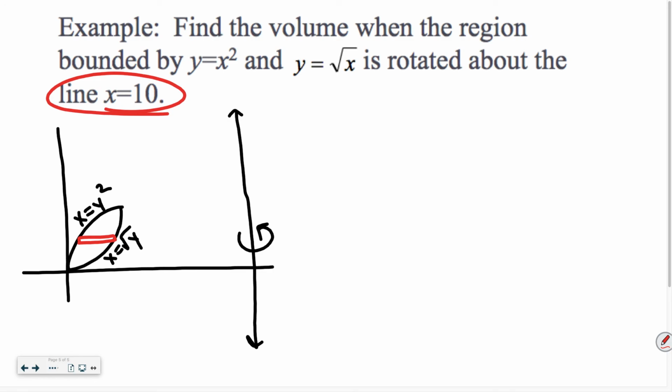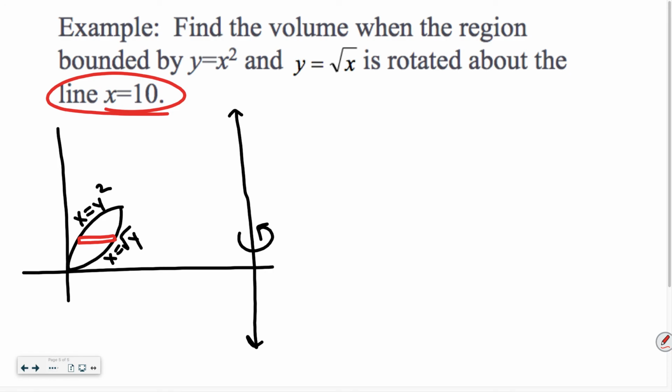So I have my picture up there. I went ahead and labeled x equals y squared and x equals radical y. So now we just have to think about where our region lies in relation to our axis of rotation.